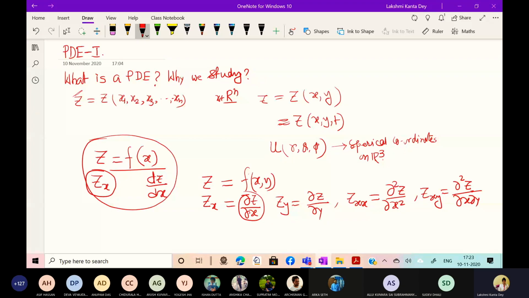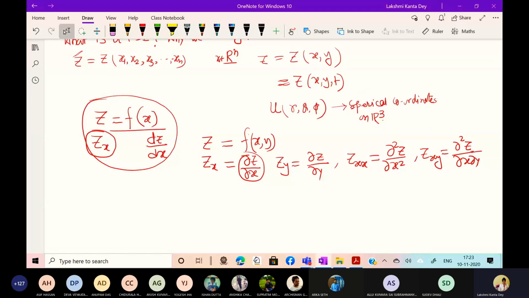Most of the time in this course on partial differential equations, one dependent variable z and two independent variables x and y are taken. There are certain standard notations we learn: small p is zx, small q is zy, and then r, s, t, which we learn subsequently.